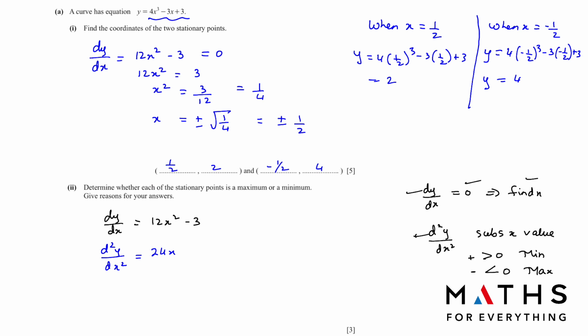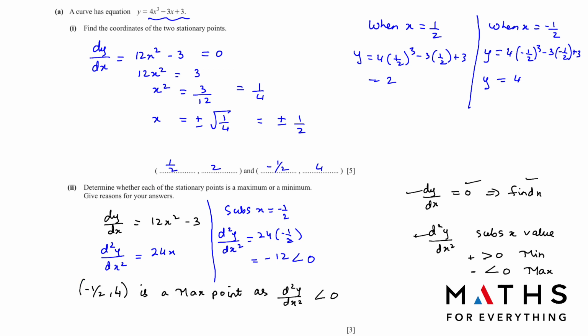When we substitute x is equal to negative half in our d2y over dx2, let's see what we get. 24 times negative half. We got negative 12. This is less than 0. So write down a statement. Negative half and 4 is the maximum point as d2y over dx2 is less than 0.